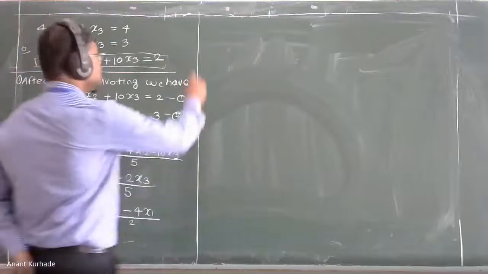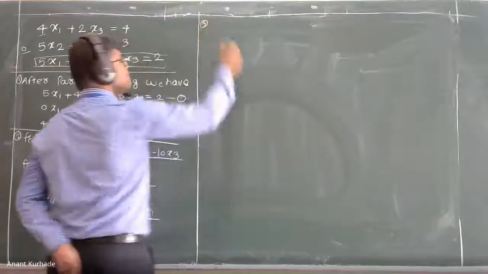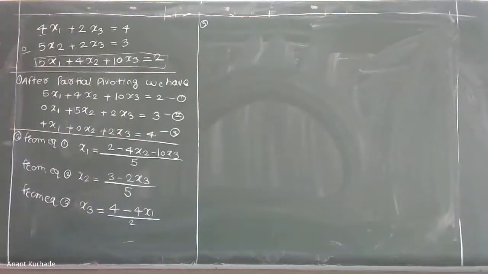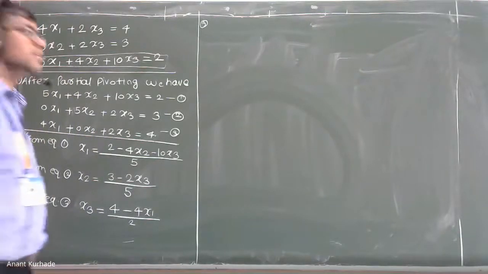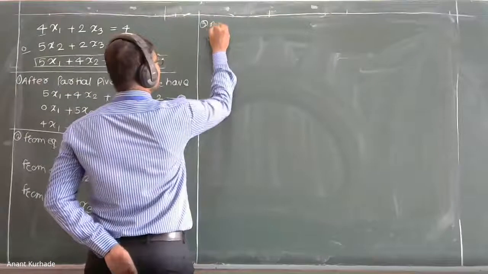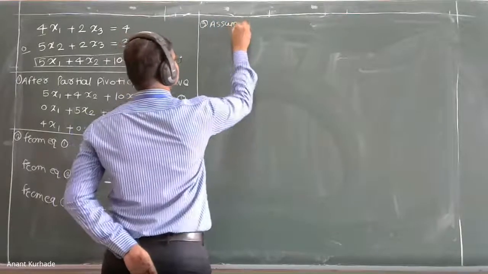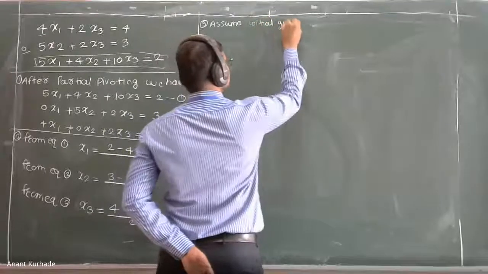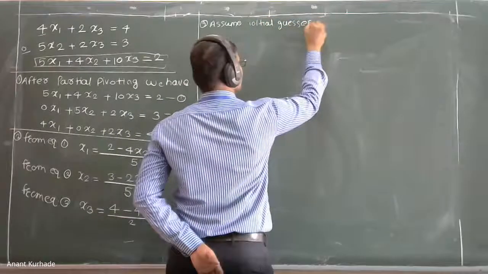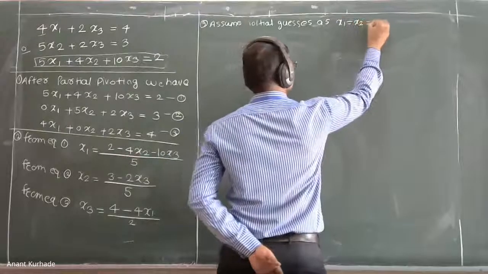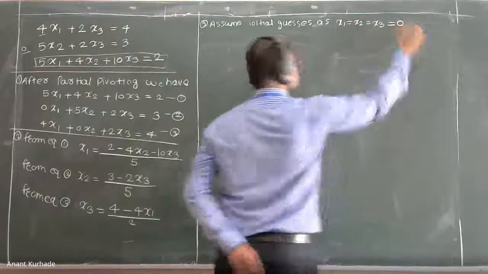Yes, sir. Okay, now what is our next step? Step number 3. You have to check whether initial guesses have been provided in the problem statement. If you don't have initial guesses in the problem statement, you need to assume initial guesses as x1 is equal to x2 is equal to x3 is equal to 0.